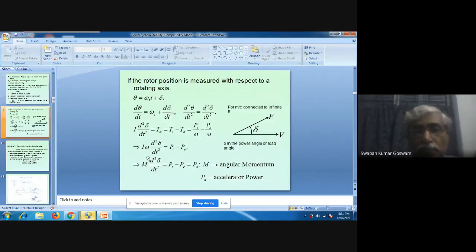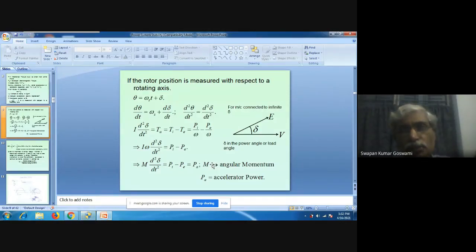The rotor angle swing is basically represented by this equation: M d2 delta dt2 equal to Pa. It is called the swing equation of the generator rotor, a second order differential equation. That means the dynamics of the generator rotor is represented by this expression.